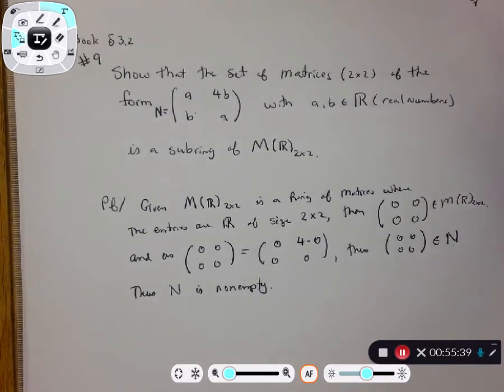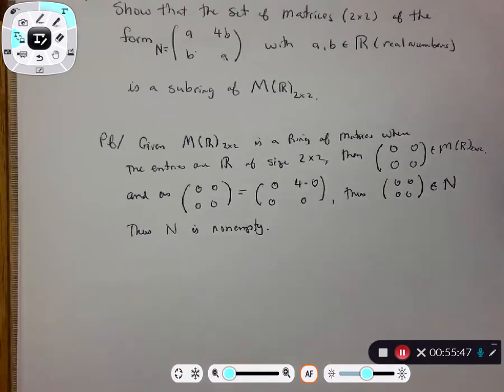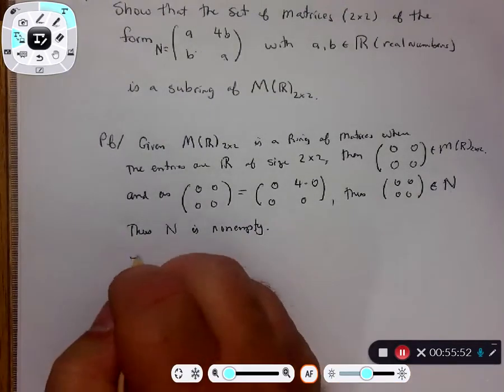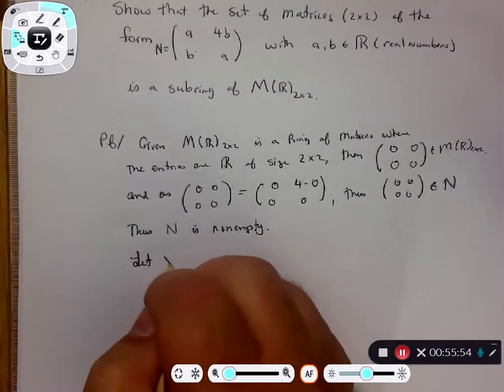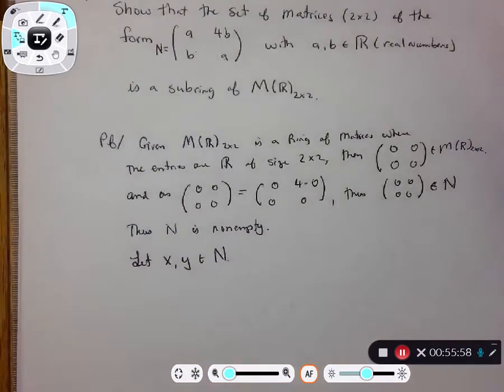The next thing I've got to do is show closure under subtraction. So I've got to give myself a couple of elements. Catch the pattern. Pick my two favorite guys, x and y, elements of this set n. What does that mean?